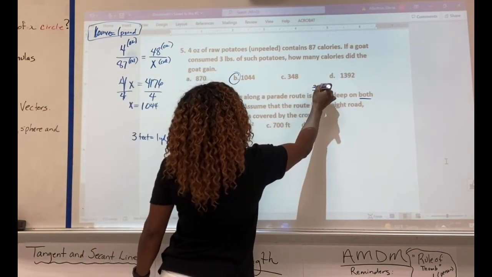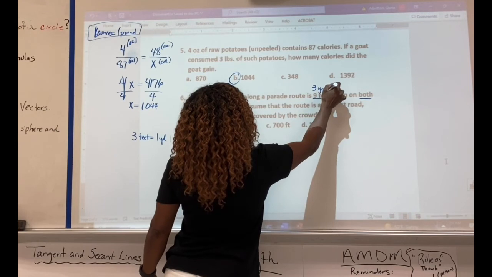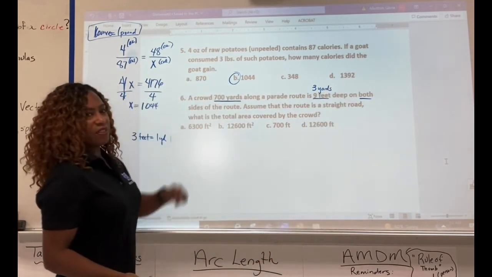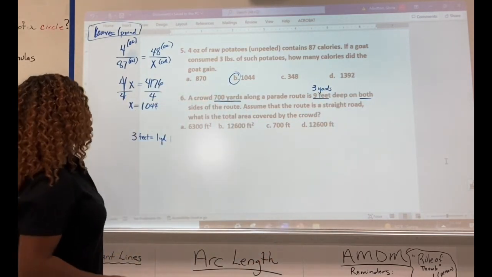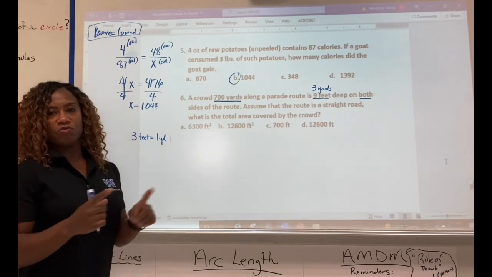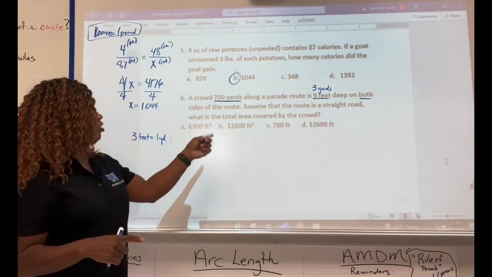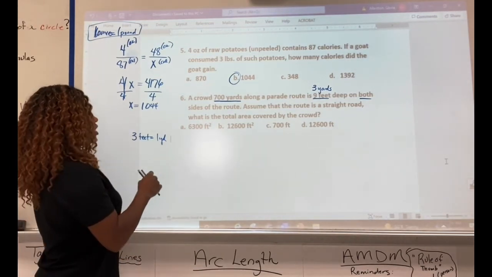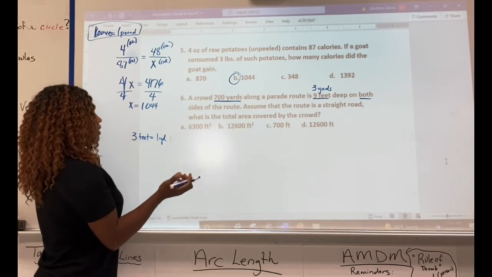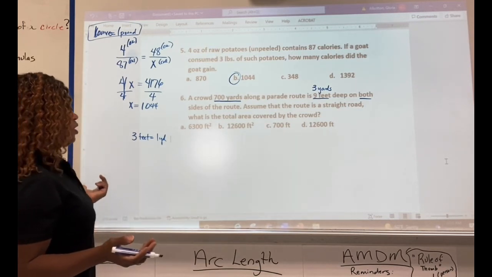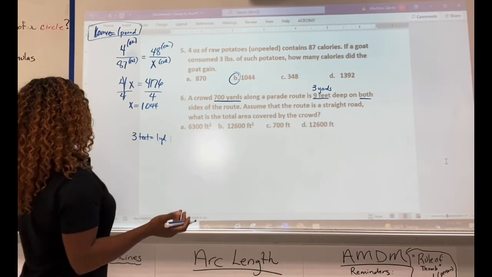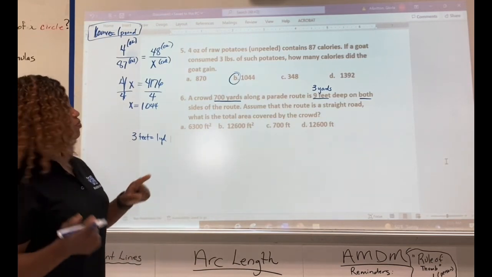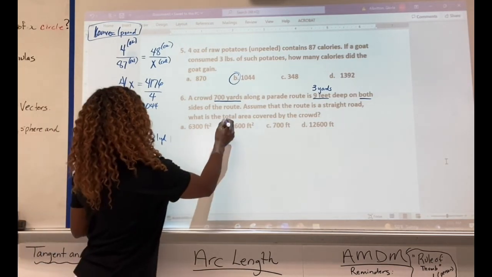So let's do 3 yards. Because if we do that, it'll match the 700 yards. So let's see how that works out. And we could also do the other way around. We can change 700 yards into feet to match the 9 feet. So let's go ahead and set up our proportion so we can solve it here. Oh, I'm sorry, we don't even need a proportion because all they want to know is the area.